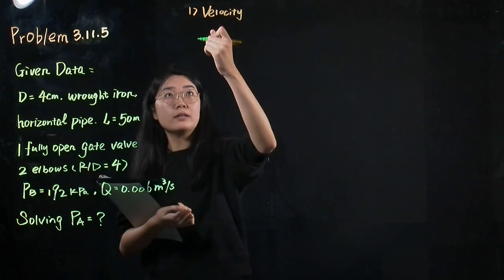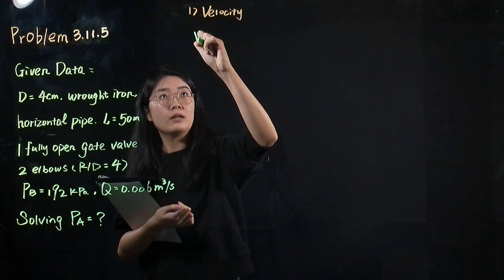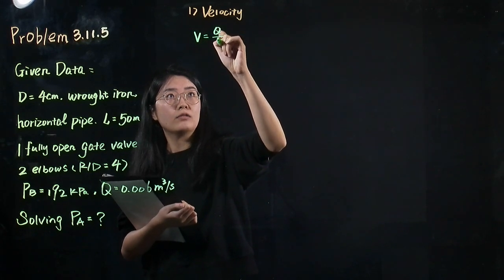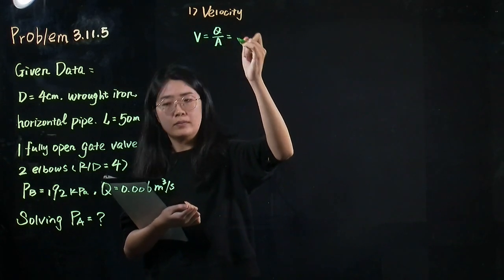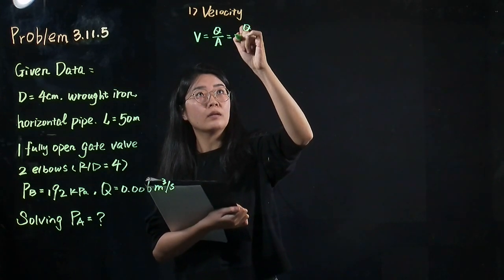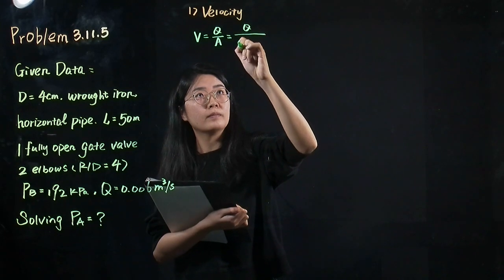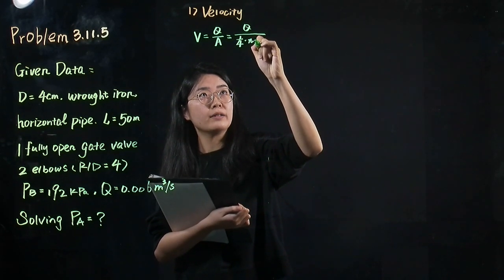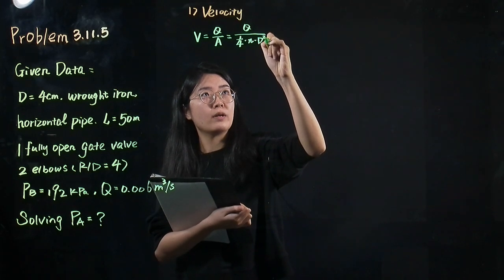The velocity is given by the equation V equals Q over A, where A is equal to 1/4 times pi times d squared.